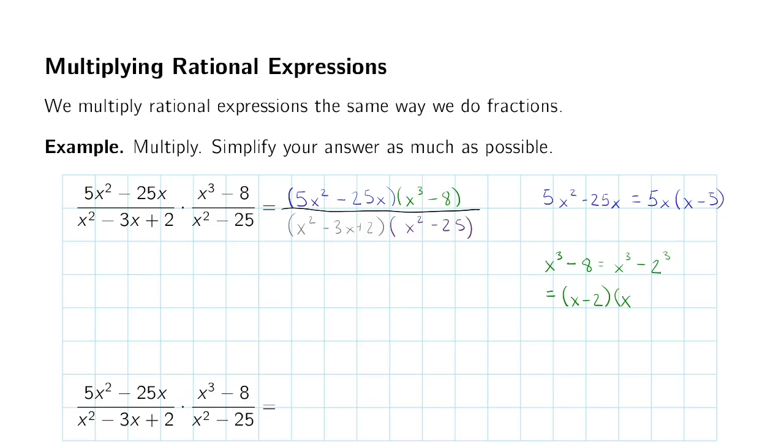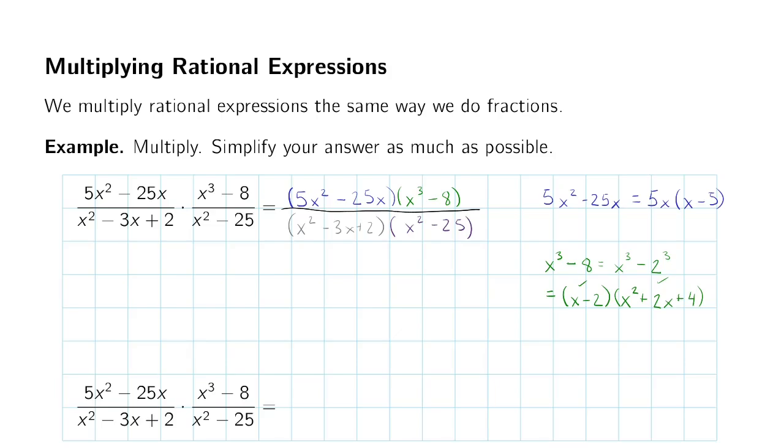So we'll have 2 copies of x, that's x squared. We have an x times a 2, that's 2x. And then we have 2 copies of 2, that's 2 times 2 is 4. This first factor is linear, and the quadratic factor we get out of difference of cubes is basically always prime.